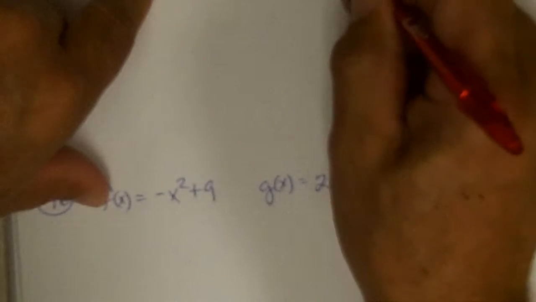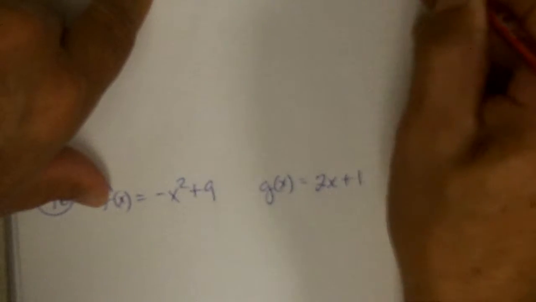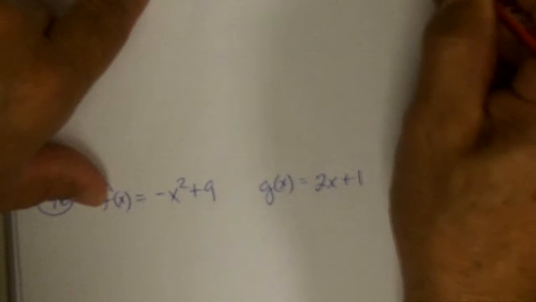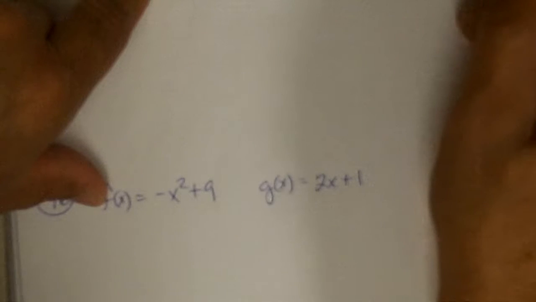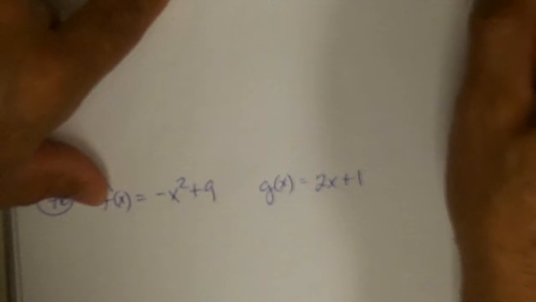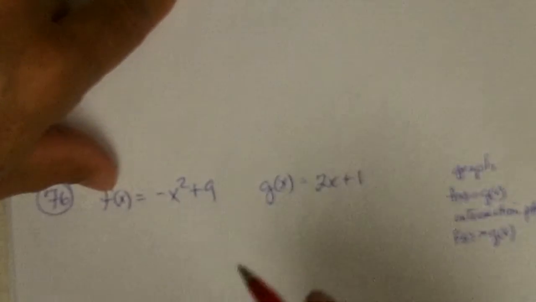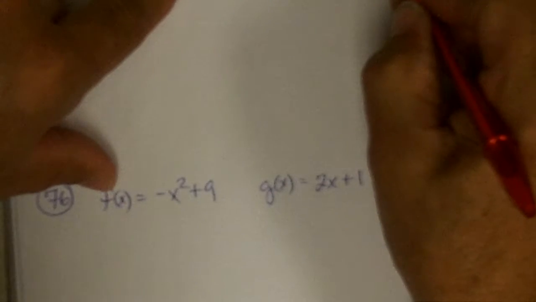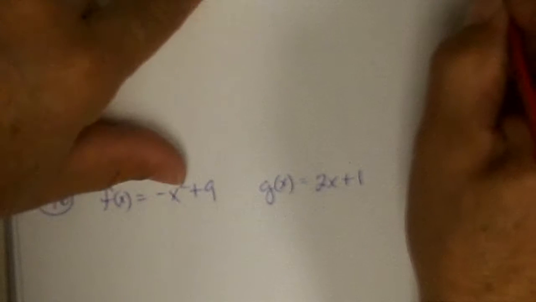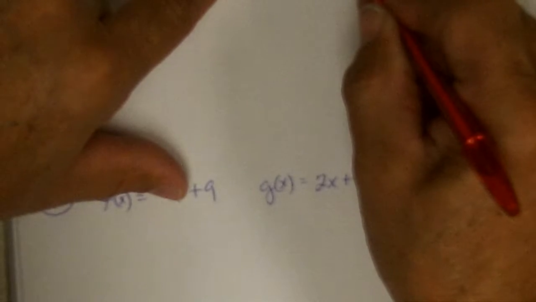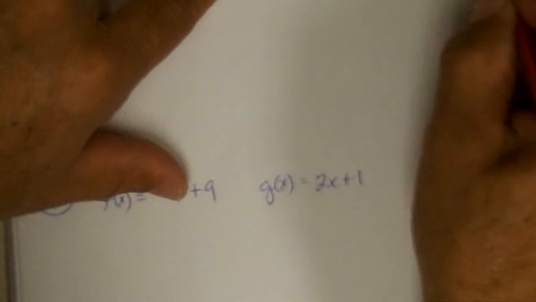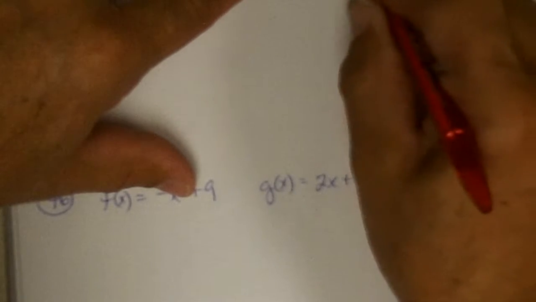So I would have f(x) = a(x - 1)^2 + 4. That's the coordinates of the vertex. But then I have to find a. Well, this equation is supposed to go through the point -1, so if I put in -1, I'm supposed to get -8 for the y value.